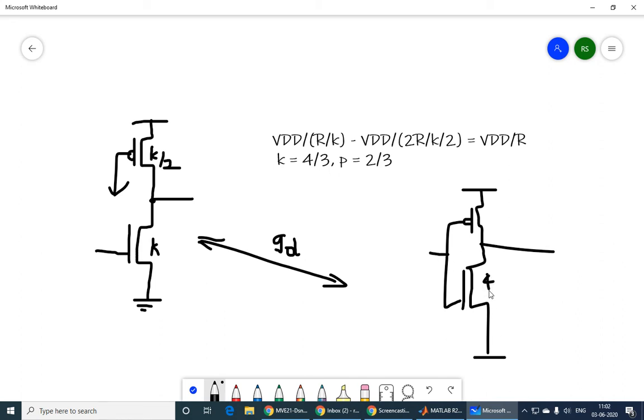So this is 4 by 3, and this is 4 by 3, which means this will become 8 by 3. So GD equals the input capacitance of my gate. So it is just 4 by 3 divided by 4 by 3 plus 8 by 3. That is 12 by 3, rather 4, not 3. Sorry.